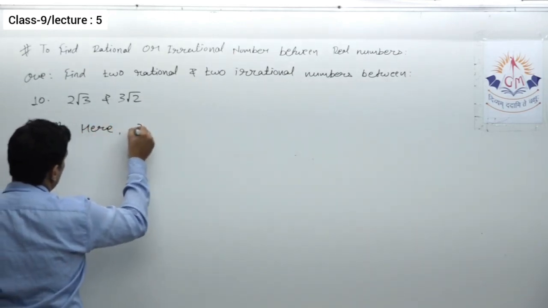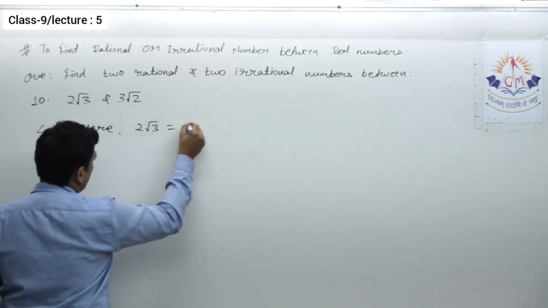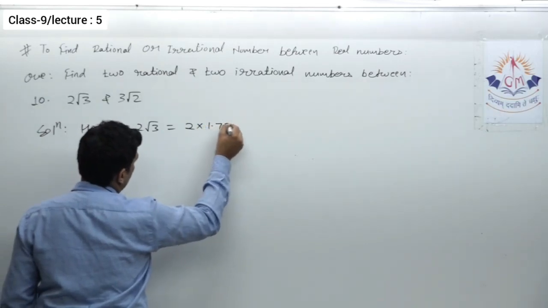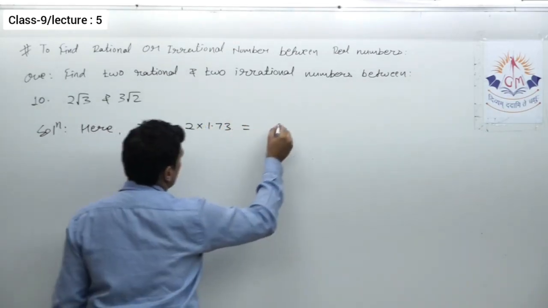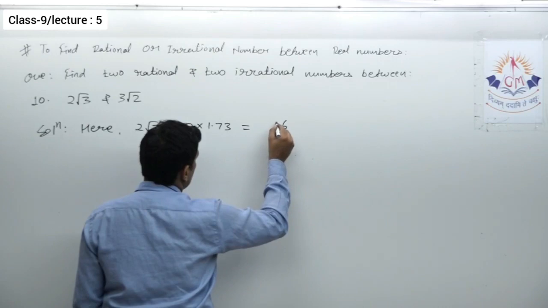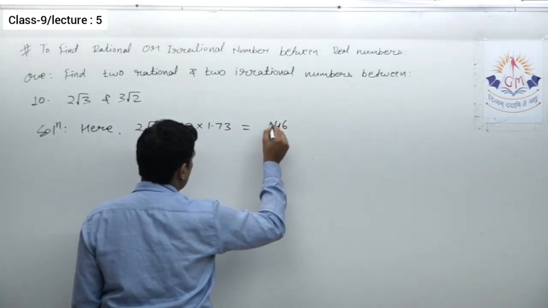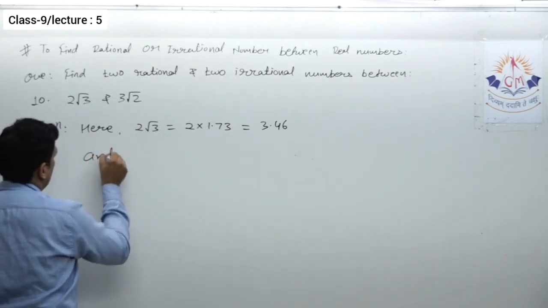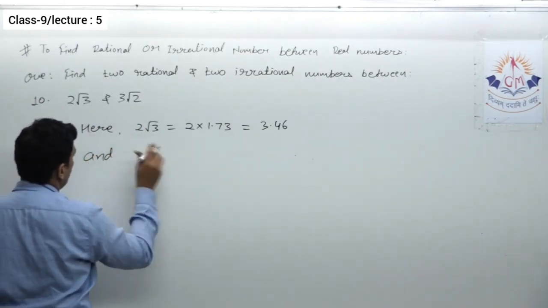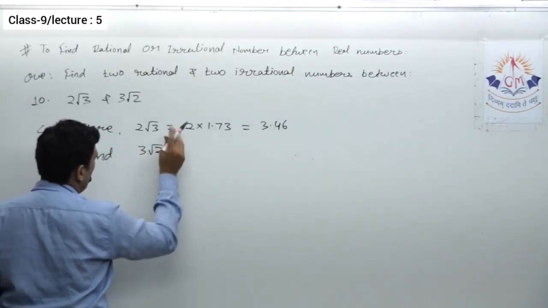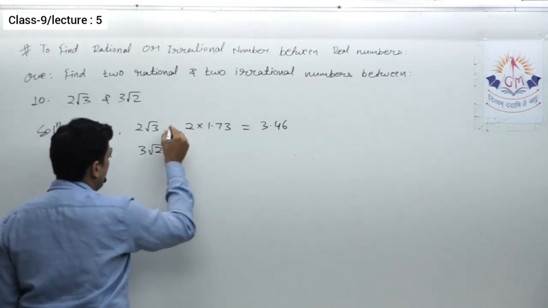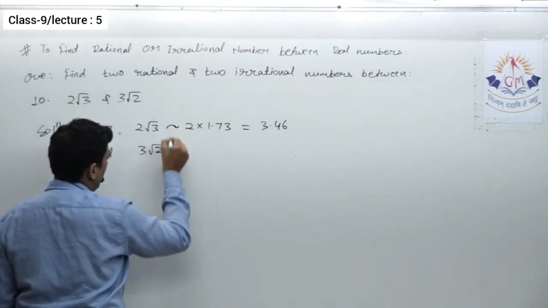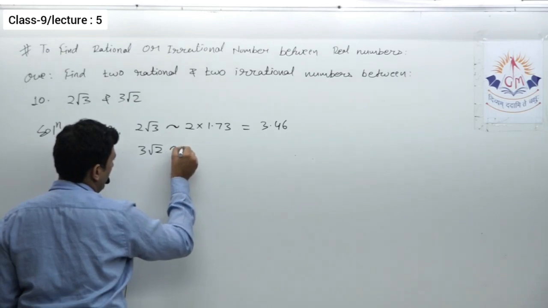So here 2 root 3 is equal to 2 into 1.73, which gives you 3.46, and 3 root 2, again instead of equal to it's better to apply this approximate sign, because this is the approximate value.